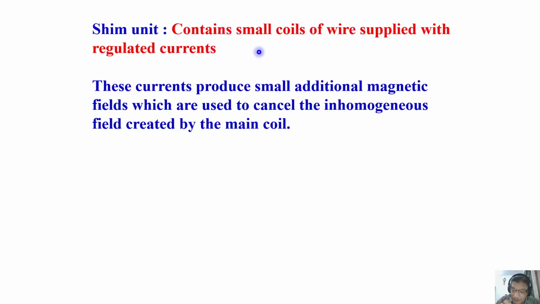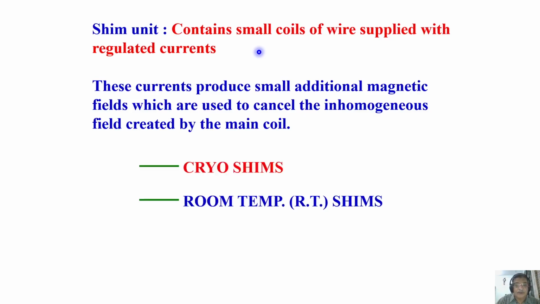I can regulate the current flow inside the coil, and they are all in different shapes, kept at different positions, such that if there is inhomogeneity along the z-axis, x-axis or y-axis, I can put a counteracting current and generate a counteracting magnetic field to nullify the inhomogeneity. I can cancel out inhomogeneities created by the main superconducting coil. So these are the advantages. We have a shim unit, we can correct the magnetic field.